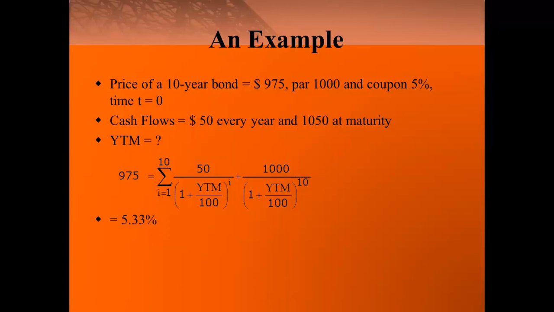So the rate 5.33% will drive the present value of these cash flows to the price of the bond, or $975. If interest rate rises to 6%, since 6 is in the denominator, the price will drop to 926.4. So as interest rates increase, price of the bond decreases.